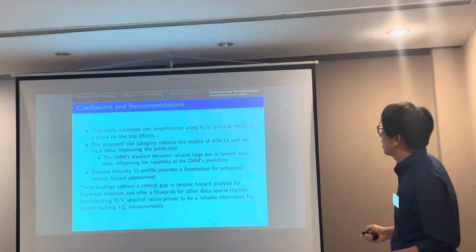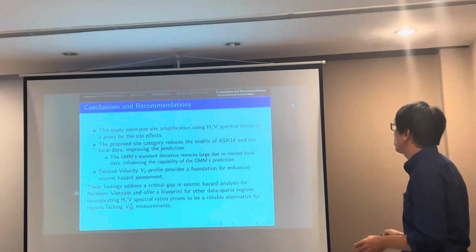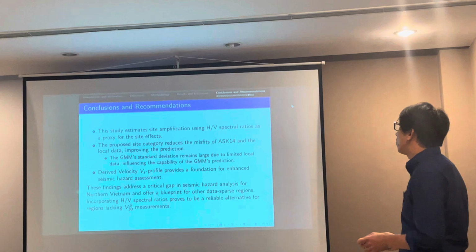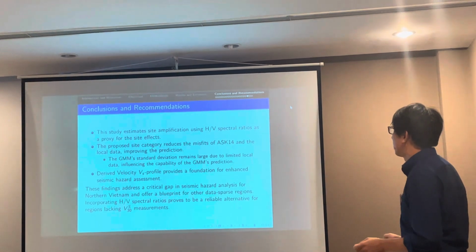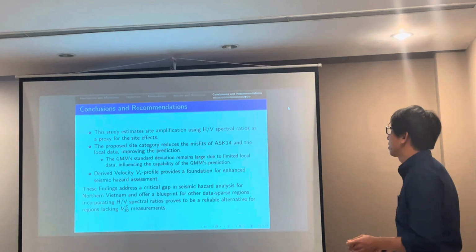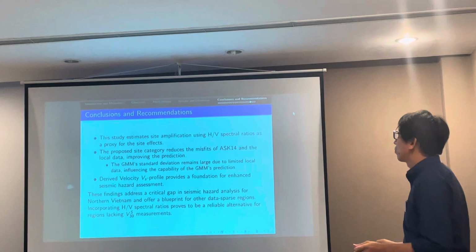So to conclude my presentation, this study estimates the site amplification using the HVSR spectral ratio as a proxy for the site effect. The proposed site categories reduced the misfit of the ASK14 model with local data, improving the prediction. The standard deviation remained large due to limited local data.